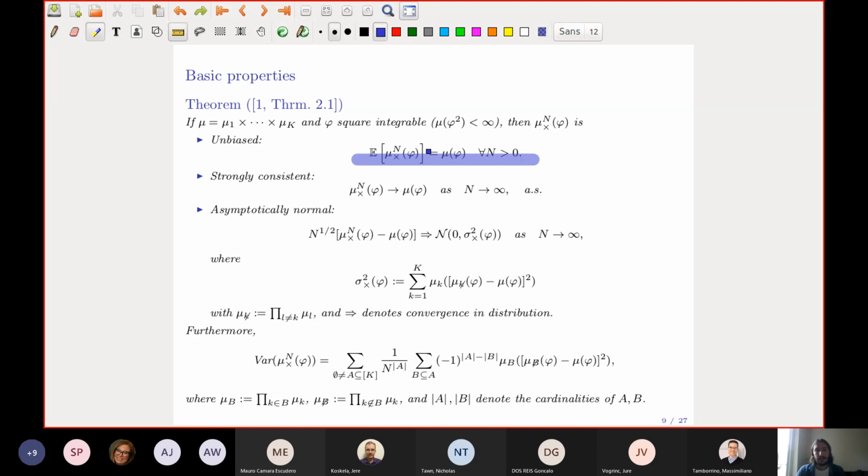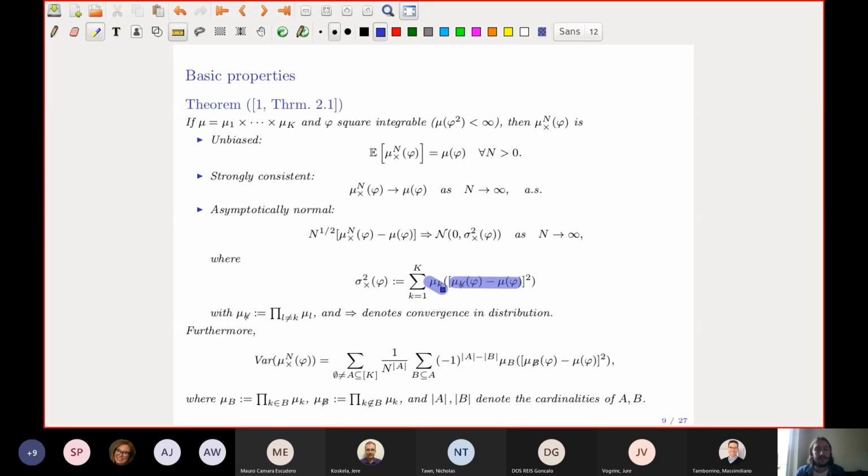Now, I don't want to dwell too much on them, but I'll point out a couple of things in these expressions. For example, for the asymptotic variance, we have these sums of these terms here. And if you look at these terms, this bit here means take phi and integrate with respect to the product of all the marginals except for the one indexed by k, right? So in particular, this function here in the square brackets is a scalar function. It only depends on the kth argument.